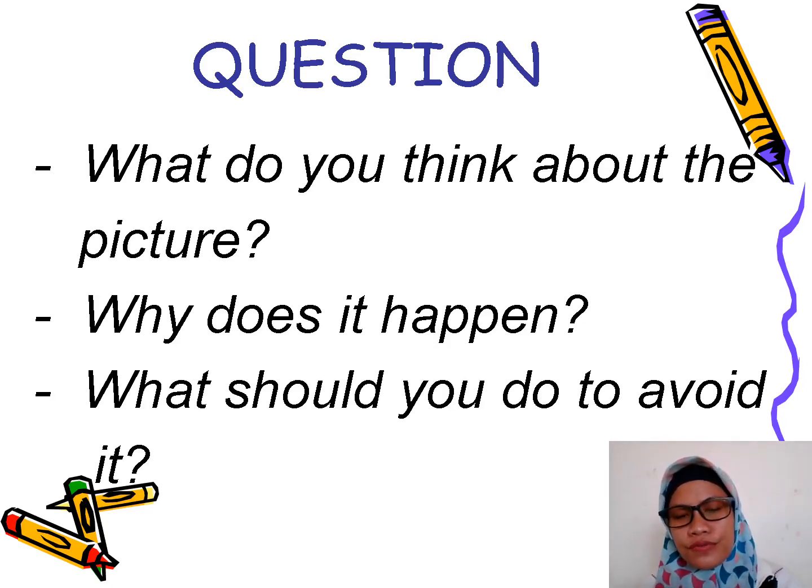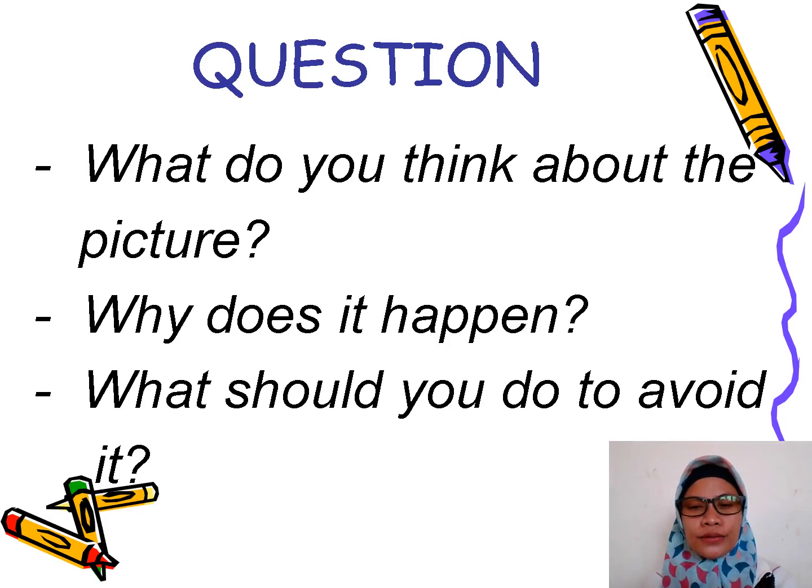What should you do to avoid it? Jadi apa yang harus kalian lakukan untuk menghindari hal-hal tersebut? And I think to avoid it, you have to use some materials or some tools to make the food delicious, or you have to use the correct steps.